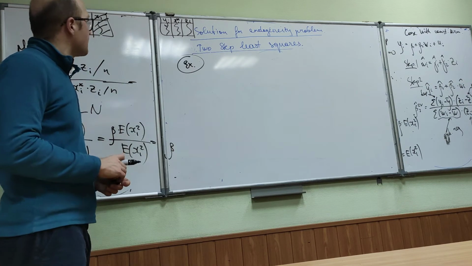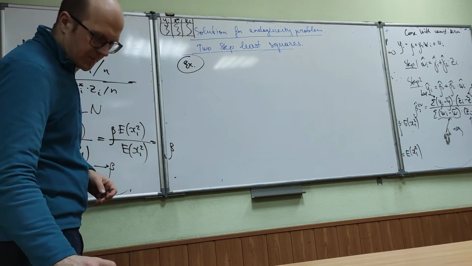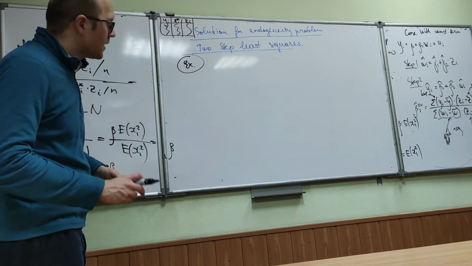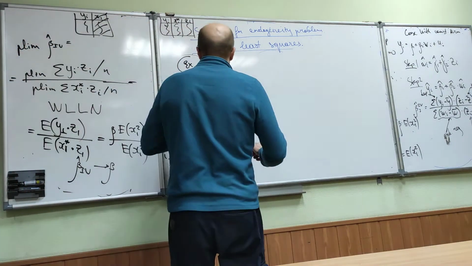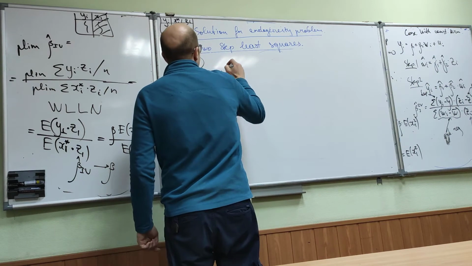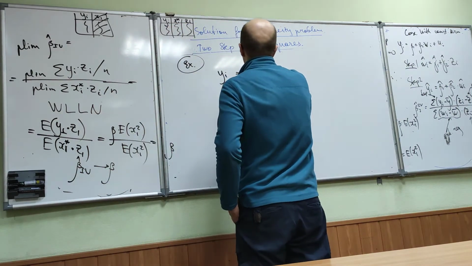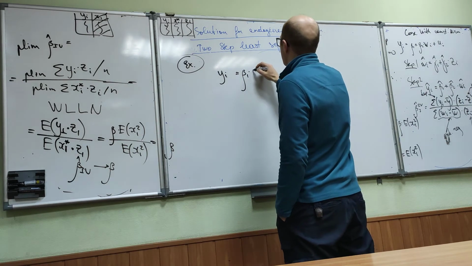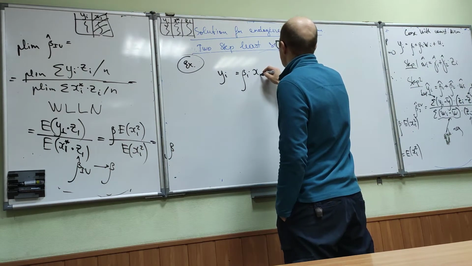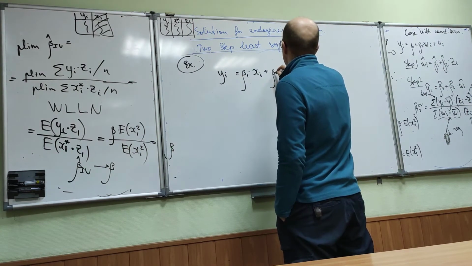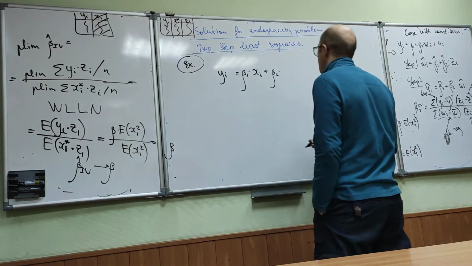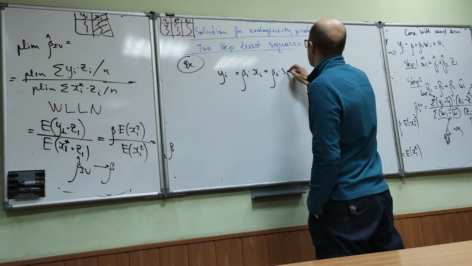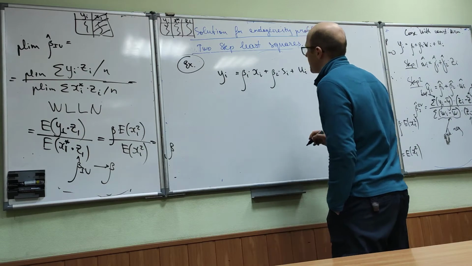Let's imagine the following model: y is beta 1 times x plus beta 2 times s plus u.